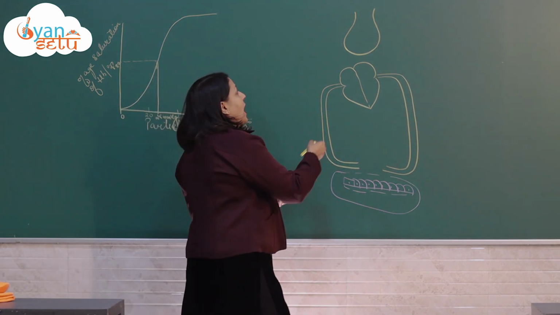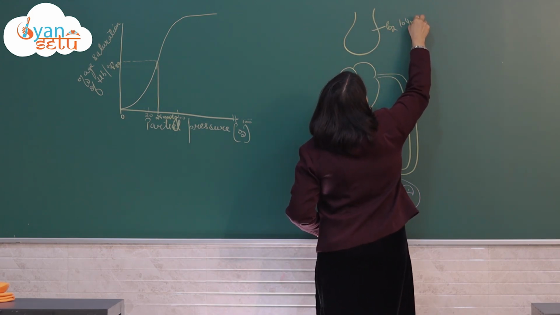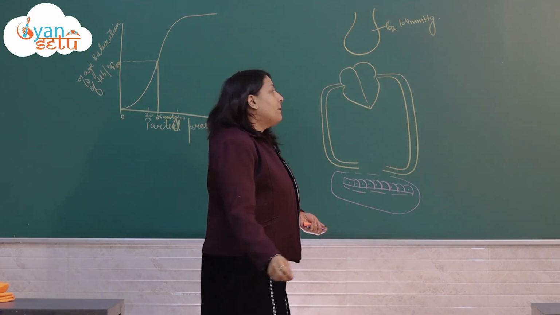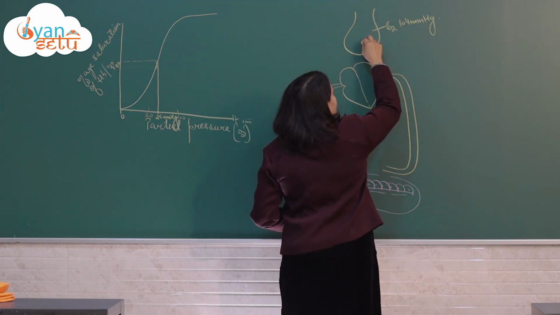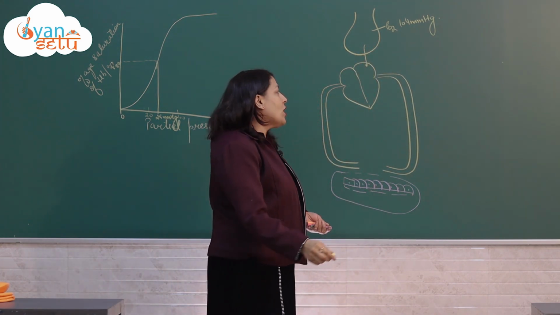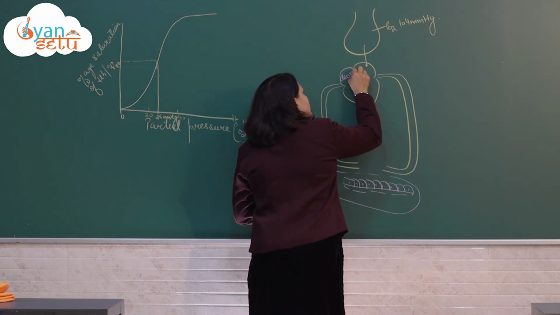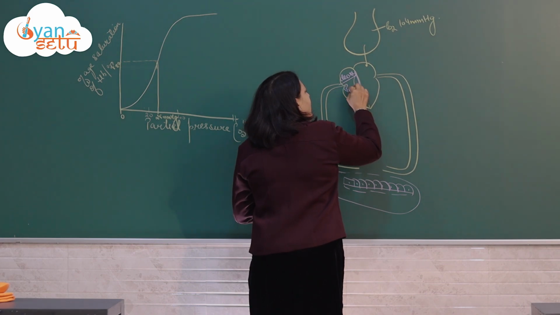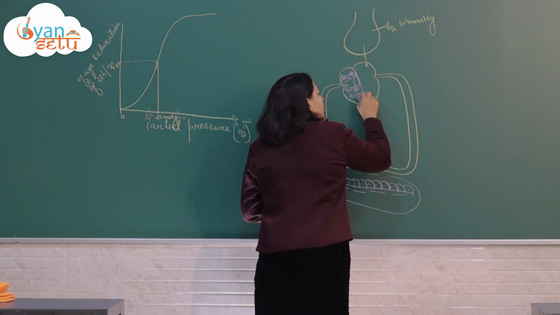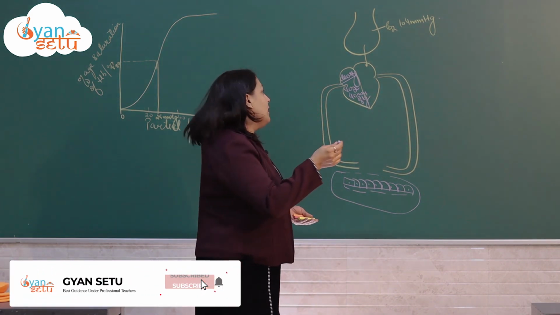In the alveoli, the partial pressure of oxygen is 104 millimeter of mercury. But as it diffuses into the heart, deoxygenated blood was having partial pressure of oxygen to be 40 millimeter. So it readily diffuses into our blood.